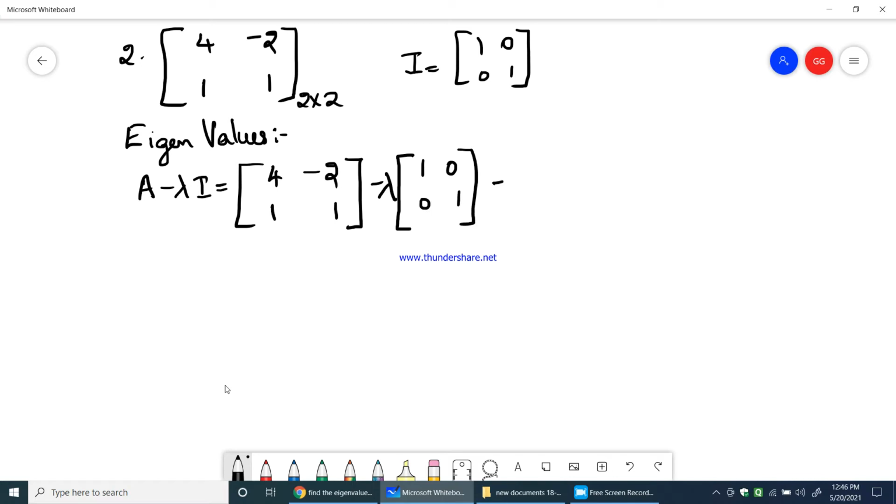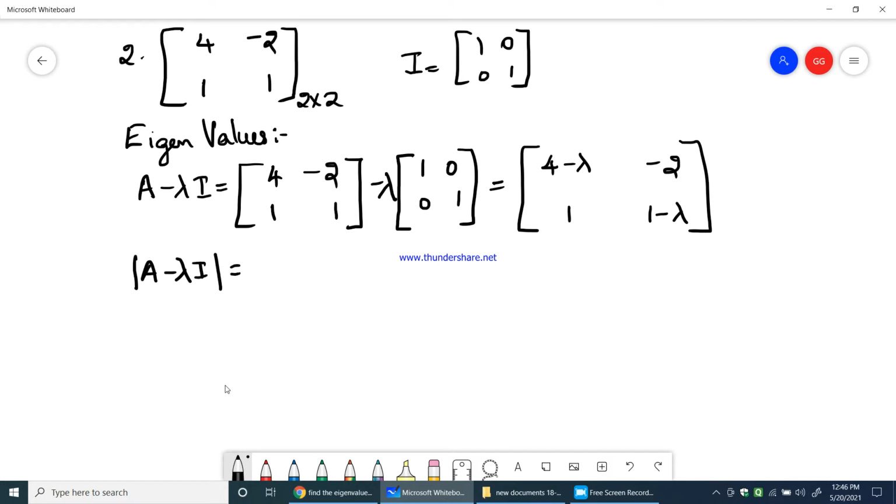So this will be equal to 4 minus lambda, minus 2, 1, 1 minus lambda. Now the determinant of A minus lambda I is equal to 0 to find the eigenvalues. Therefore the determinant of 4 minus lambda, minus 2, 1, 1 minus lambda equals 0.